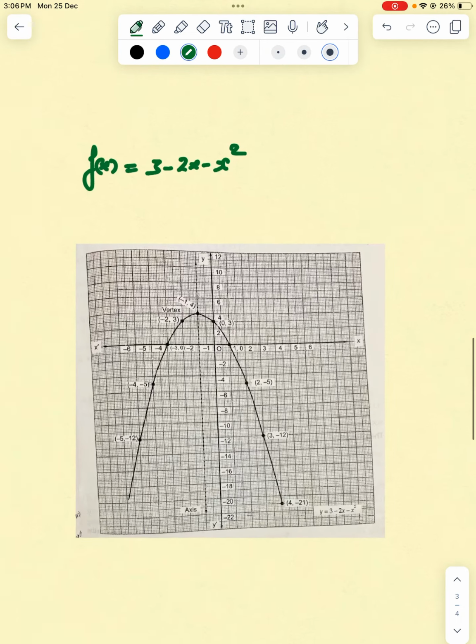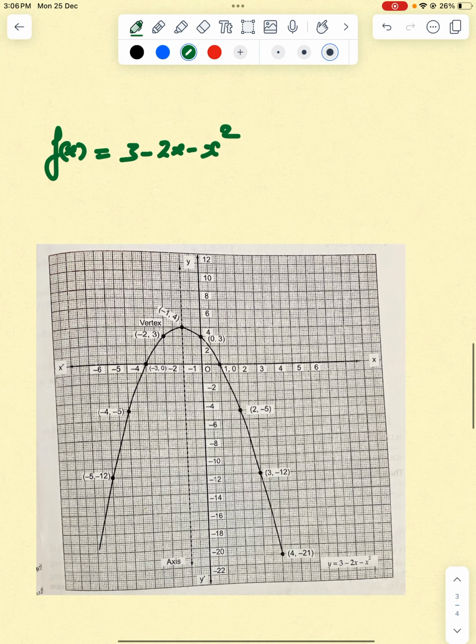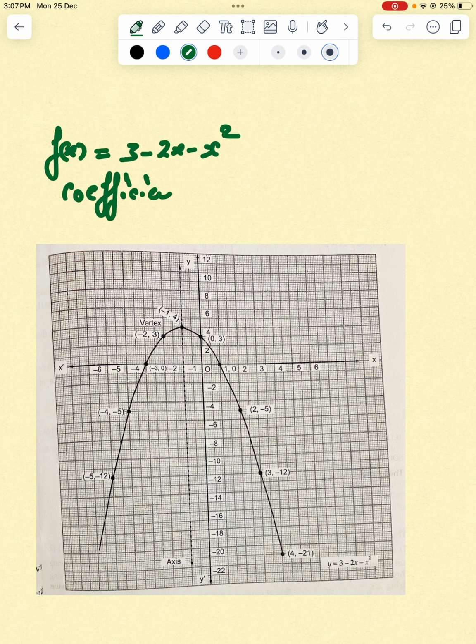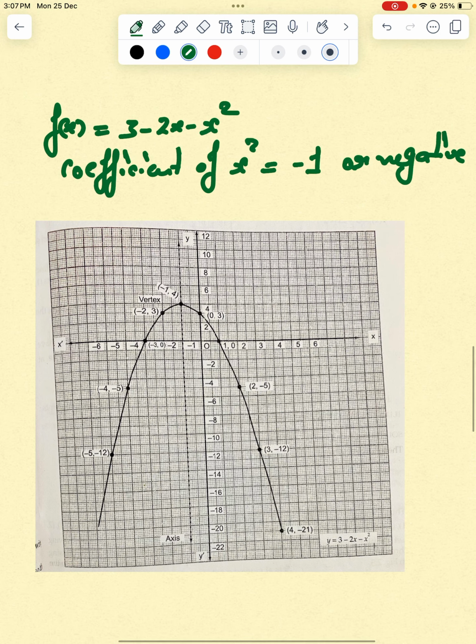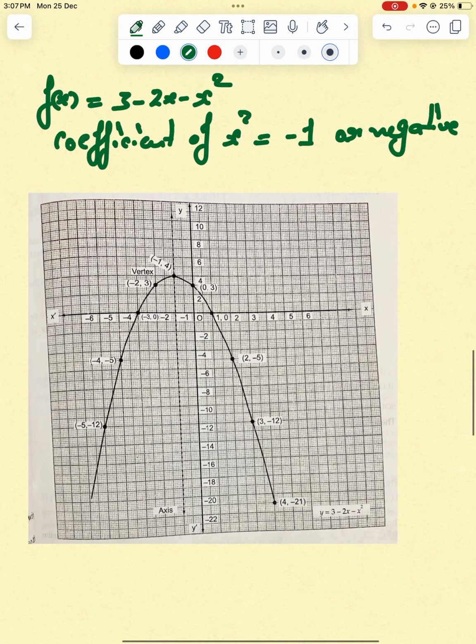Yes. So from the equation, if you generalize the characteristics of the graph of the quadratic polynomial, we have seen the coefficient of x square is minus 1, or negative. That means if you are getting the negative coefficient of x square, the parabola will open downwards.